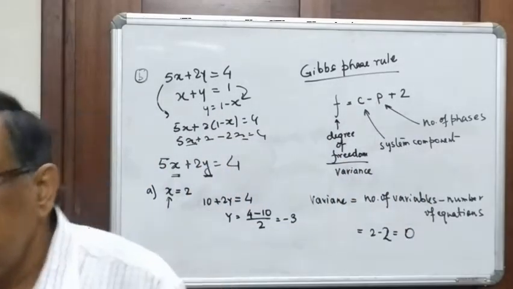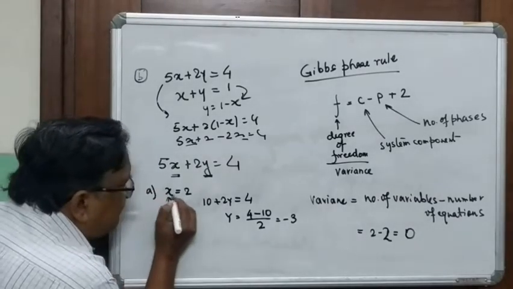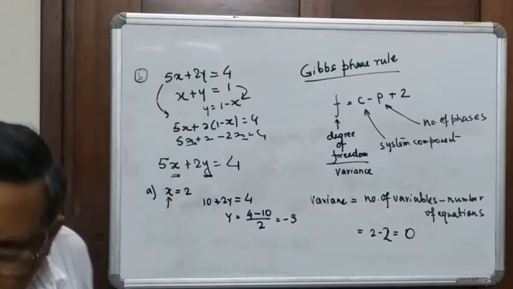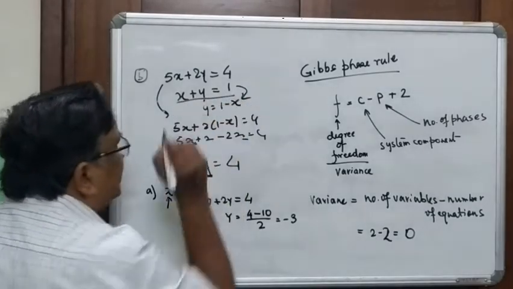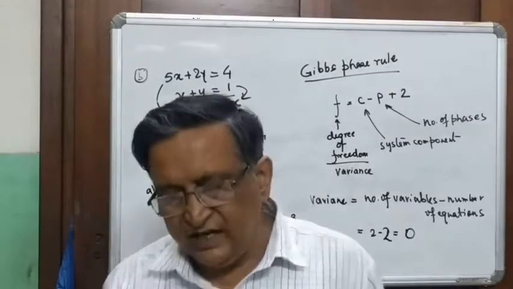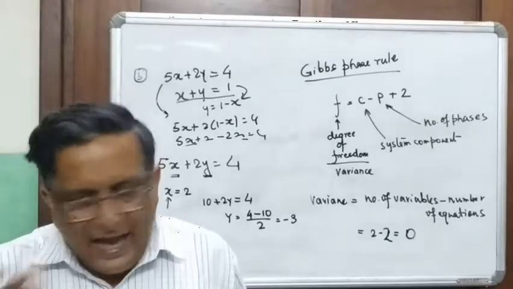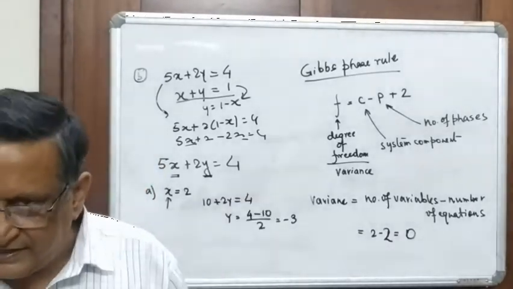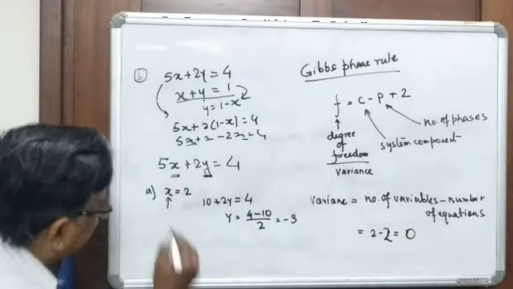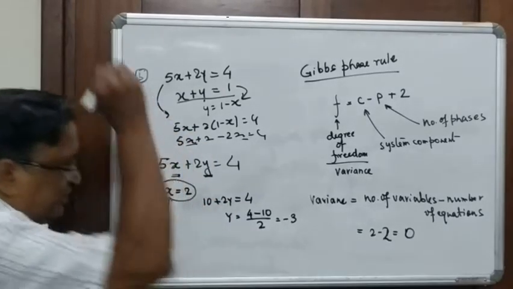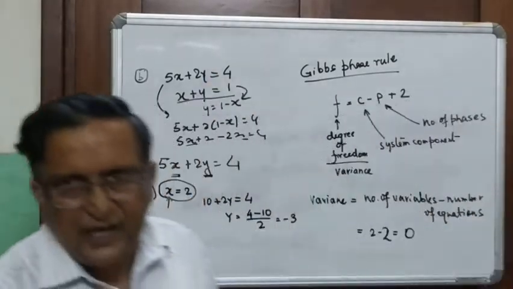What have I done? In the first place, I have given a value x is equal to 2. And here I have added an additional equation. There is no difference. A and B look different, but in concept it remains the same. Why? Because this is also an equation. x is equal to 2 is also an equation.